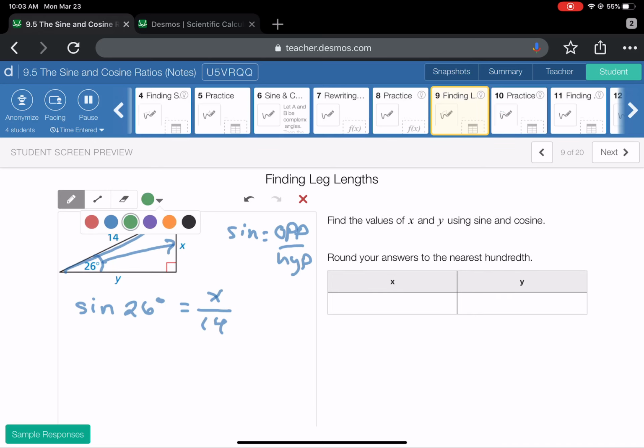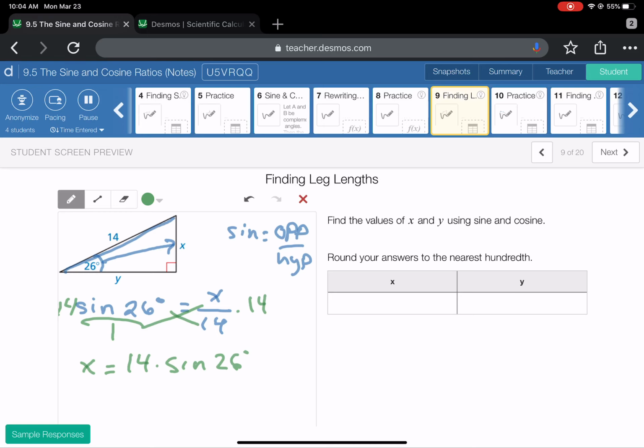That's going to give me one step to solve for x. I'm going to multiply both sides by 14, or cross multiply, put this over 1, and it gives me x is equal to 14 times the sine of 26 degrees.